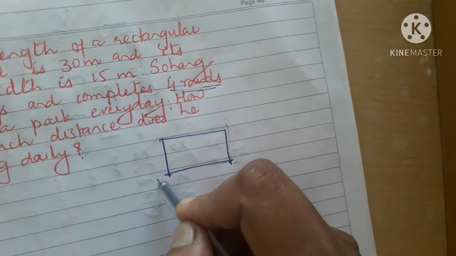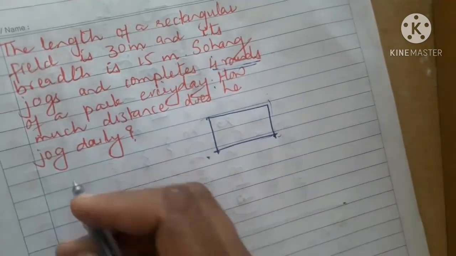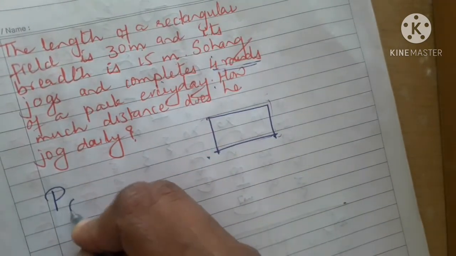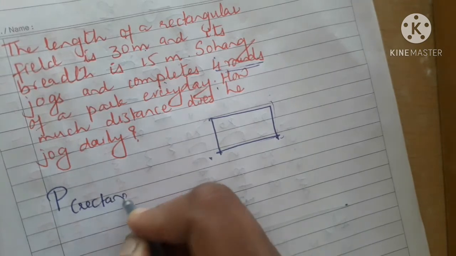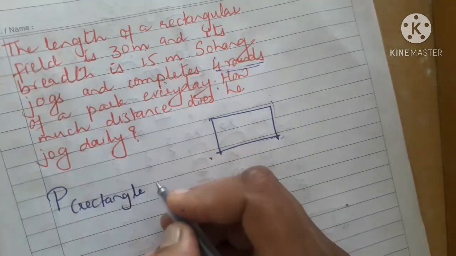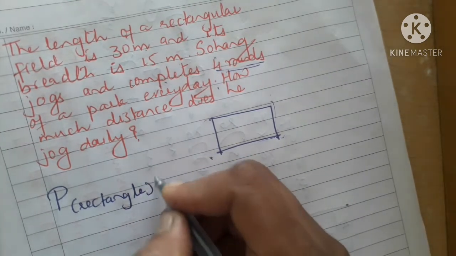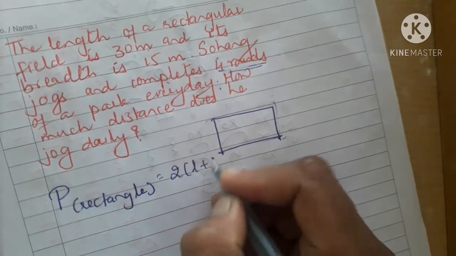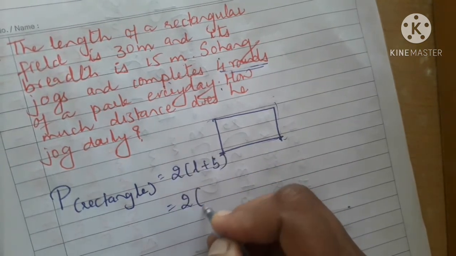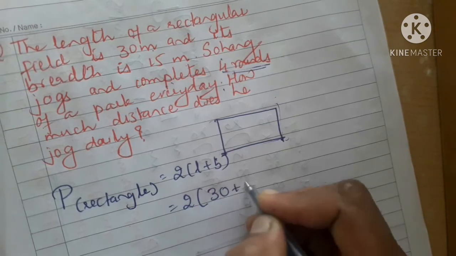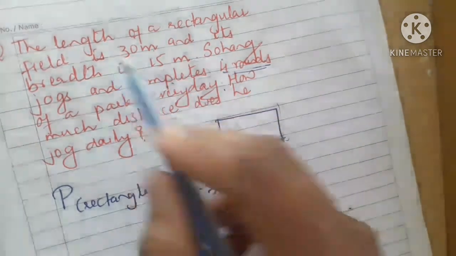Is it a perimeter? Okay, so here we will find out the perimeter of a rectangle, or you can write it as rectangular field. What is the formula? 2 into L plus B. The length is 30 and breadth is 15 meter, right?